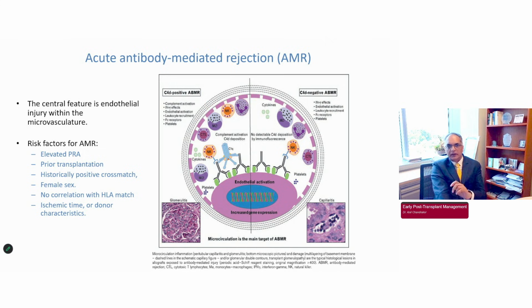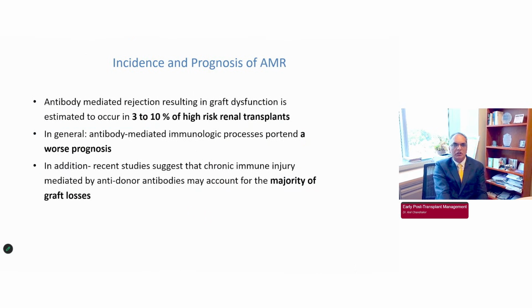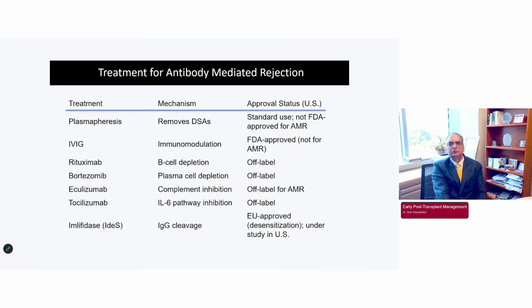I'm going to skip over the next two slides. These are just basically descriptions of what antibody-mediated rejection is. Antibody-mediated rejection occurs in around 3 to 10% of renal transplants. It generally portends a worse prognosis in these patients.